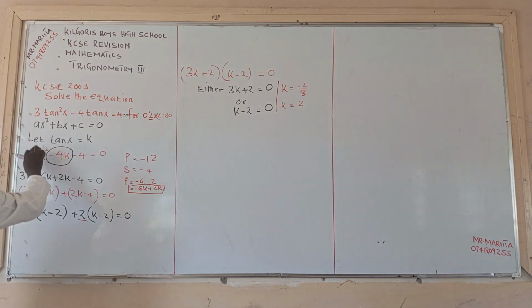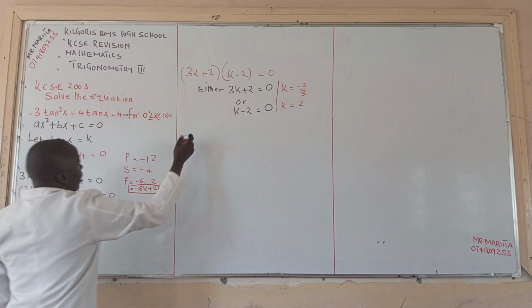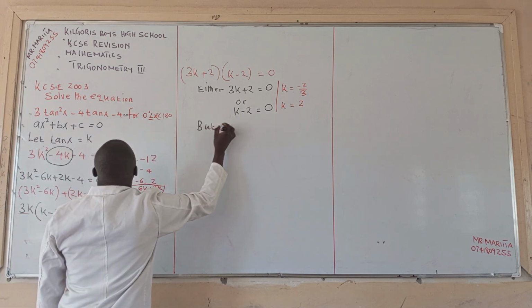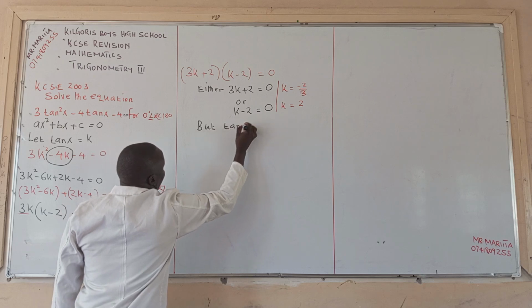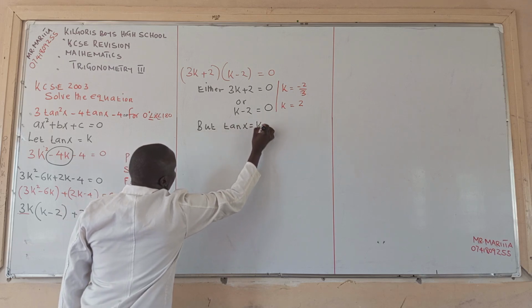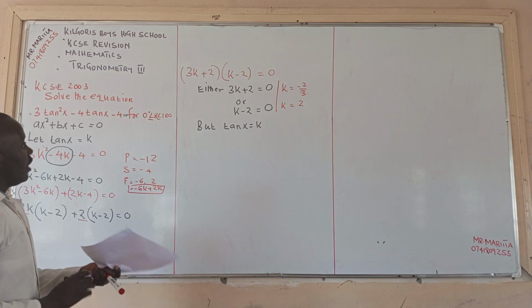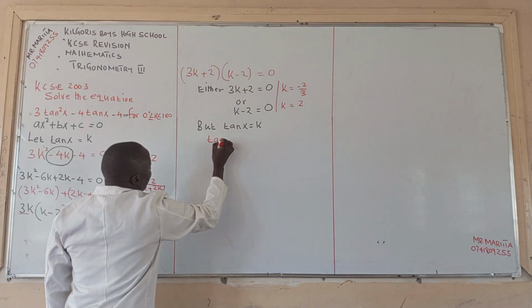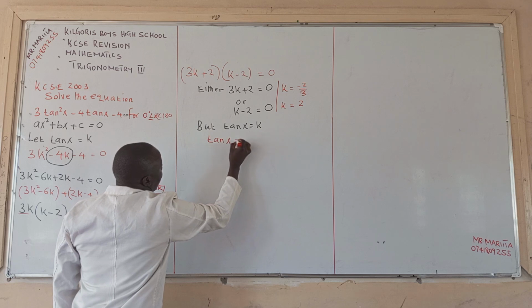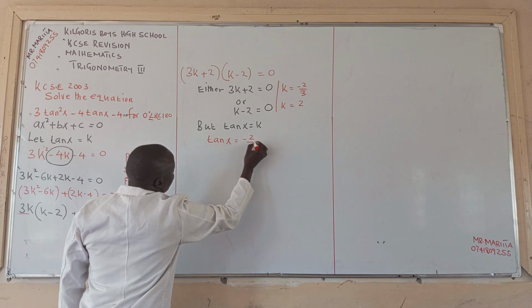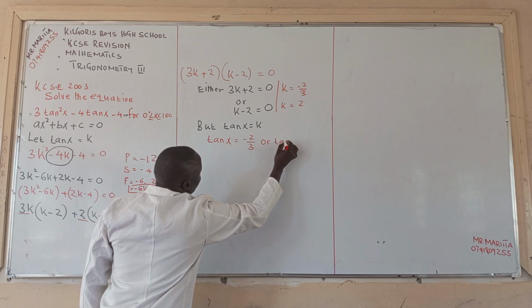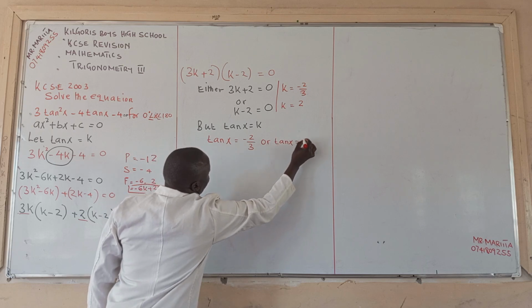Recall that tan x is equivalent to k. It means that tan x is either negative 2 over 3, or tan x is equivalent to 2.